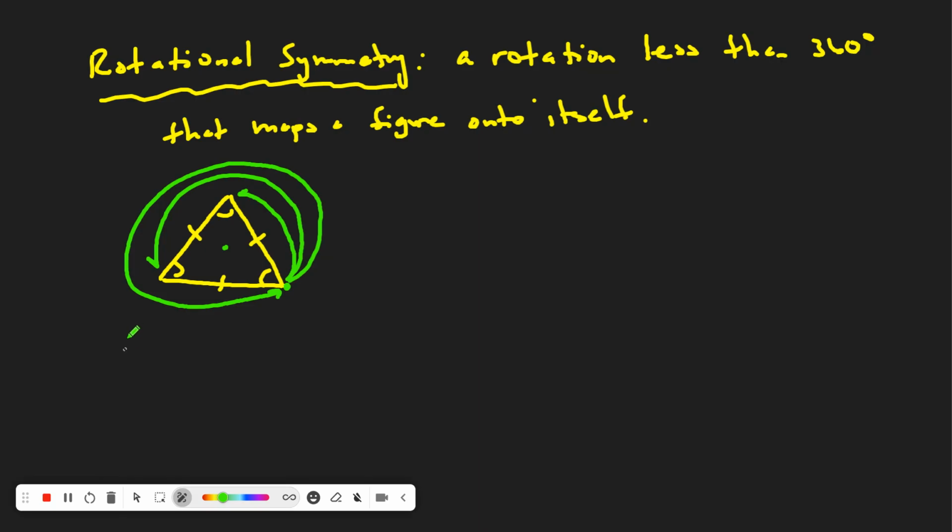So what this means is, in 360 degrees, the triangle maps onto itself 3 times. 1, 2, 3. So in 360 degrees, a full circle, the triangle maps onto itself 3 times.